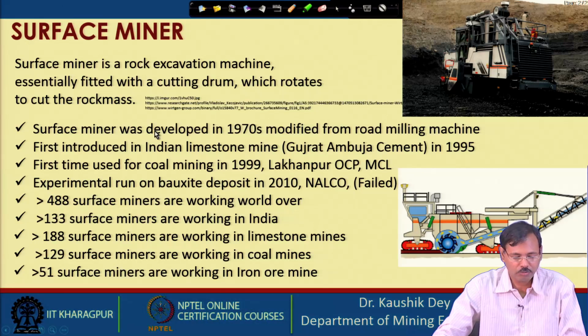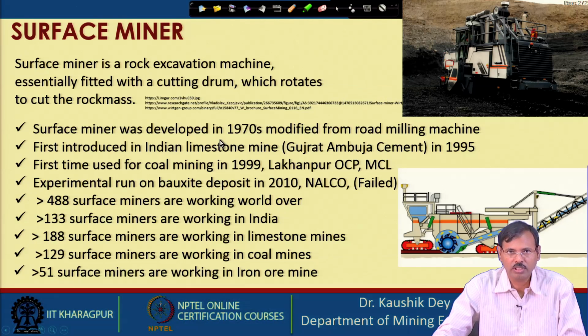So, in a nutshell, you can say a surface miner is a rock excavation machine essentially fitted with a cutting drum which rotates to cut the rock mass. This is the generalized definition of the surface miner, and if you look into the history, it was developed in the 1970s and originally modified from a road milling machine.